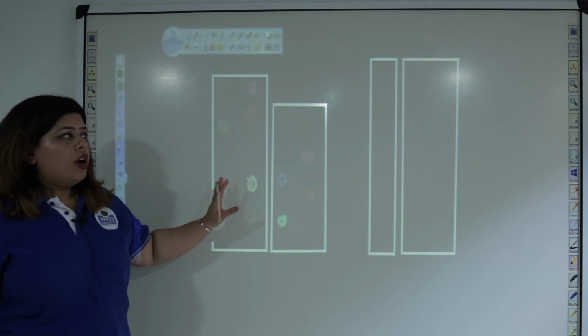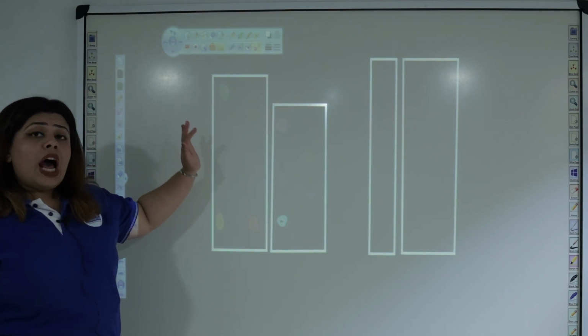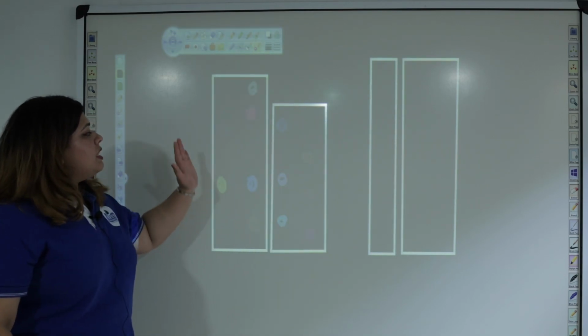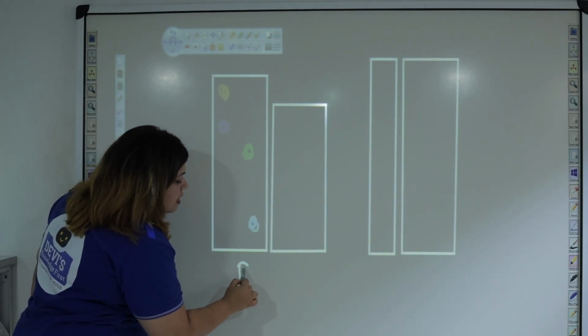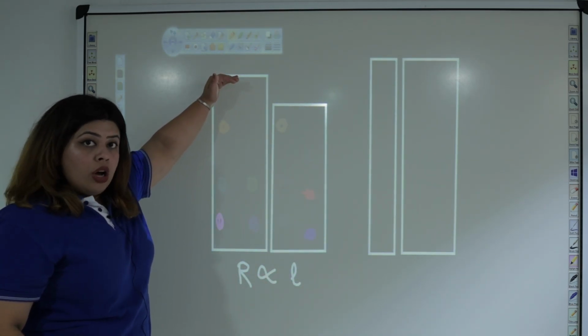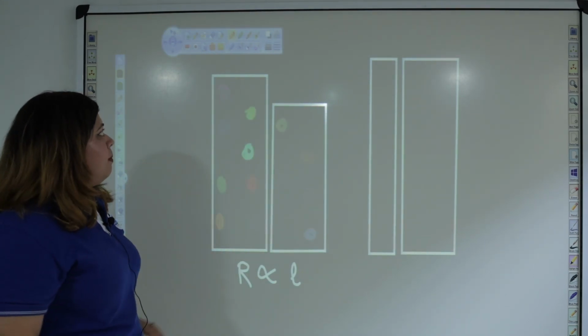These dots represent the cars on the highway. The longer highway can accommodate more cars, more traffic, so that means it has more resistance. That is why we say that resistance is directly proportional to the length. As it is longer, there will be more resistance, more cars, more blockage, more traffic.